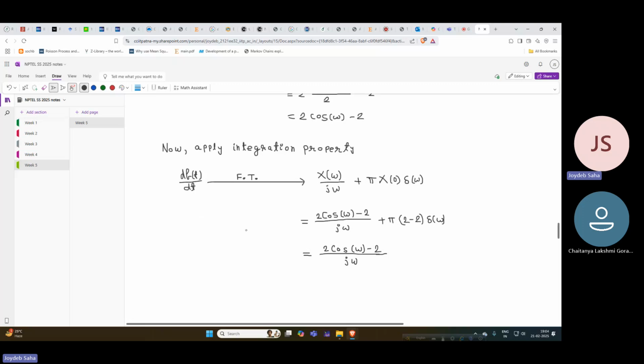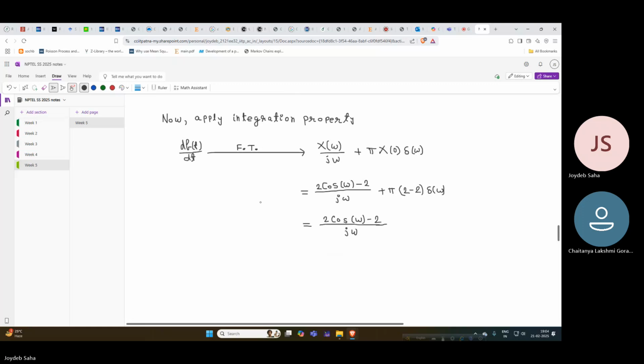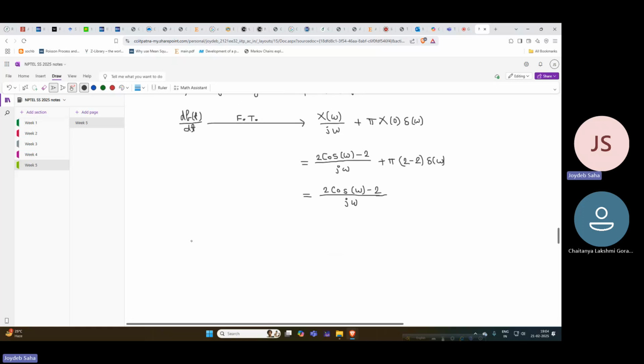Okay. Now again we will apply the integration property.